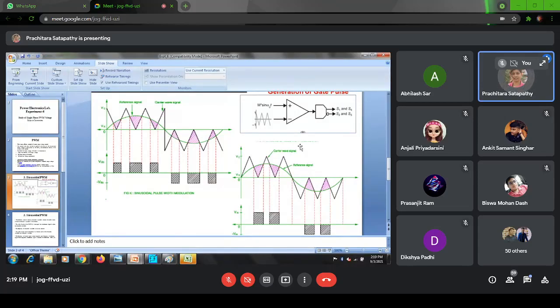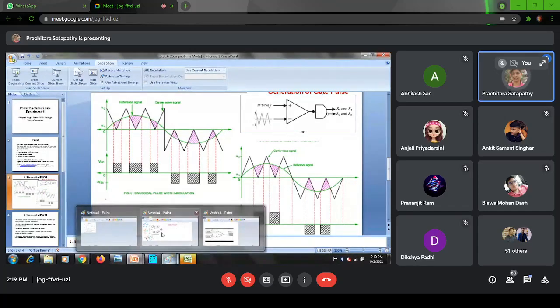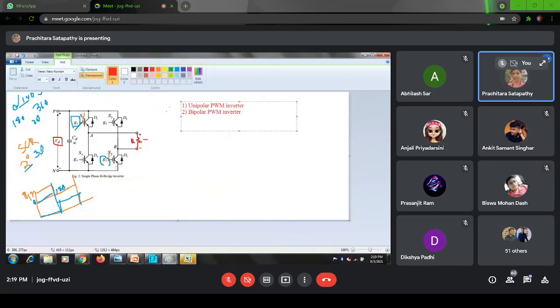So that is a bipolar scheme. I'll say what is the difference between unipolar and bipolar, but this scheme is bipolar, okay. Is it clear? But what is the unipolar scheme? The circuit diagram will be same, okay, in the unipolar.